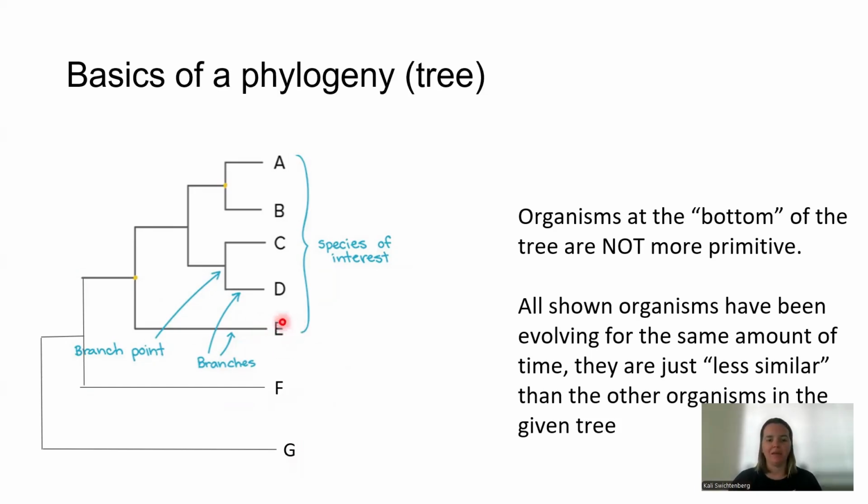And so now E is no longer at the bottom of the phylogeny. It is more similar to species A, B, C, and D than it is to F and G. All right, so there's no more primitive or ancestral extant species. They've been evolving for the same amount of time.